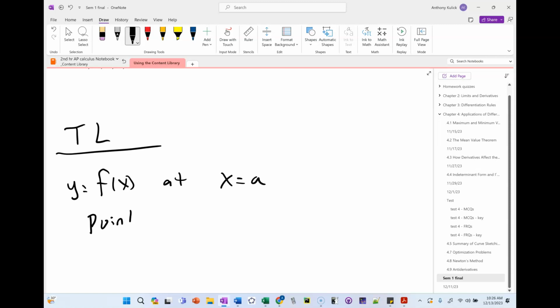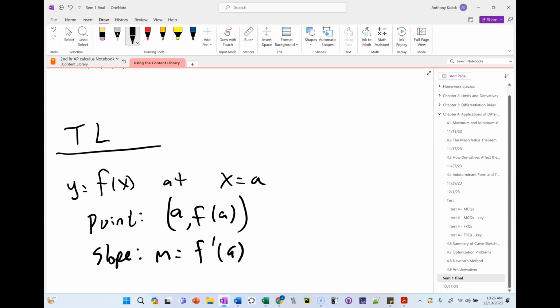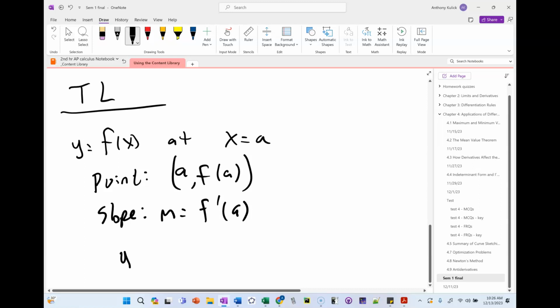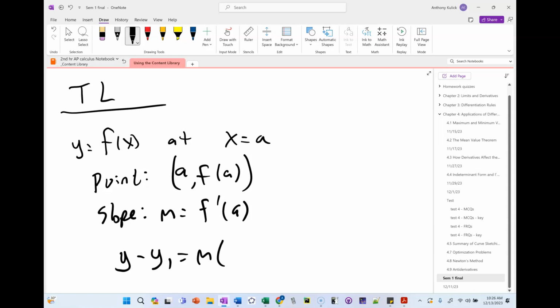So my point that I'm going to use to write my equation for my line is going to be a comma f of a. That'll be my point. And my slope is going to be f prime of a. And then I just do y minus y1 equals m times x minus x1. We just fill it in.